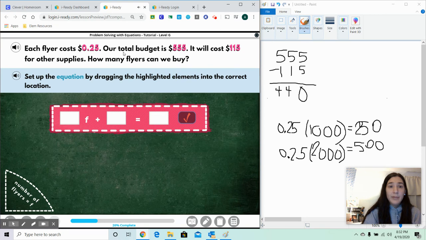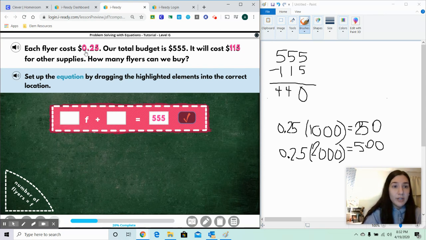Okay, so right away we see our total budget is $555. We identify the total first and put it on the right side of the equal sign. Next, we identify the number that goes with the variable. If we know that we're looking for the number of flyers, the number that's going to go with the variable f for flyers needs to be the cost of each flyer, which we see right here.